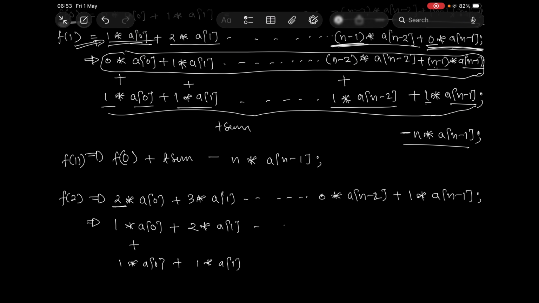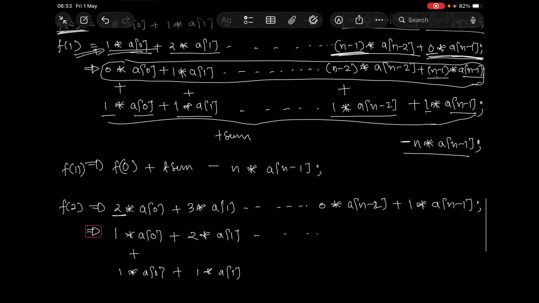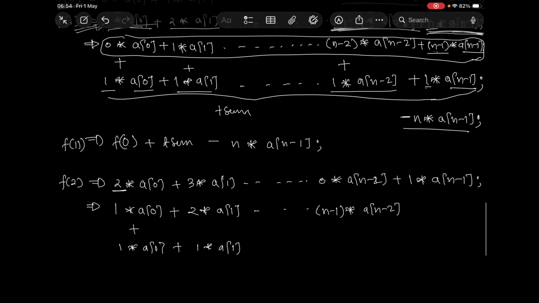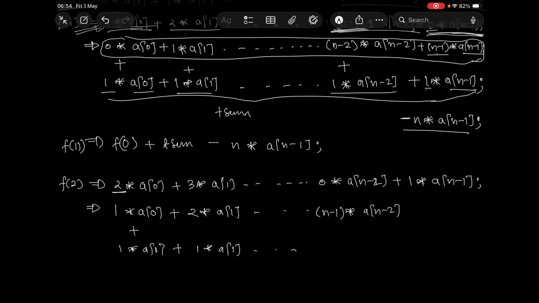And so on till the end. Here f of 1 needs this n minus 1 times, right? So we will write what we already know, n minus 1 into array of n minus 2. One more thing: we notice that this is the total sum, right?